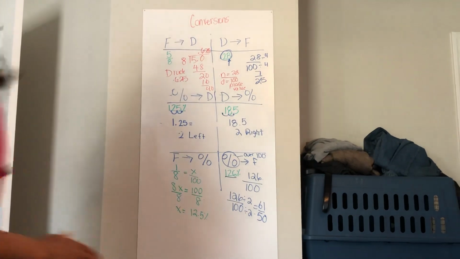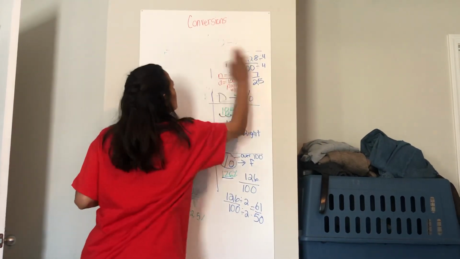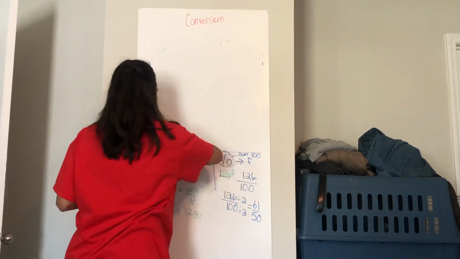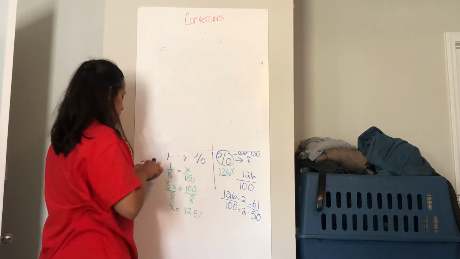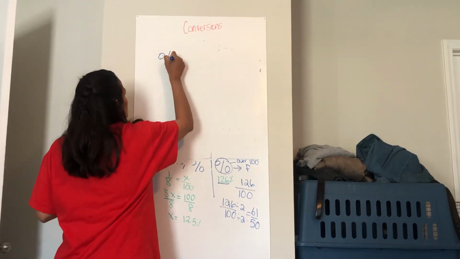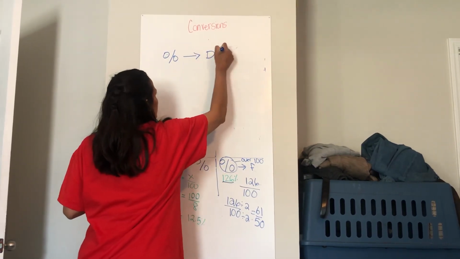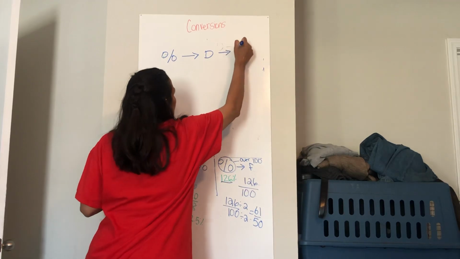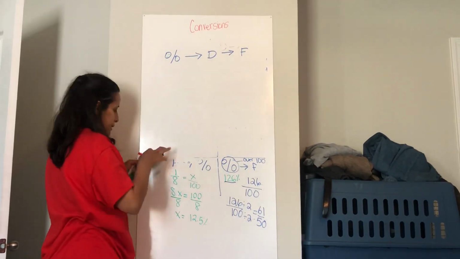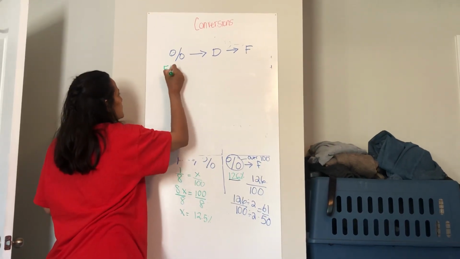We're going to do 1 or 2 practice problems so we know how to convert. Okay. So let's take a percent to a decimal, and then I'm going to take that to a fraction. So let's start with 56%.